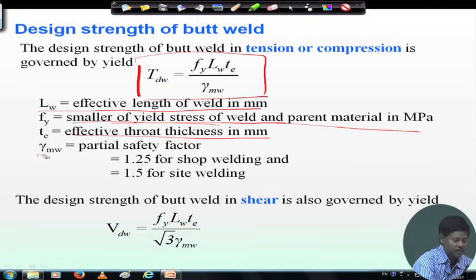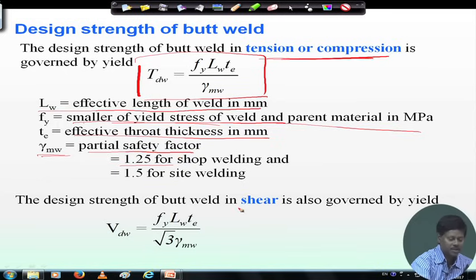Then gamma_mw, as we told earlier, is the partial safety factor for welding, and this value is taken as 1.25 for shop welding and 1.5 for site welding. So, this design strength T_dw is calculated as F_y L_w T_e by gamma_mw, and this is the design strength of butt weld in tension or compression.